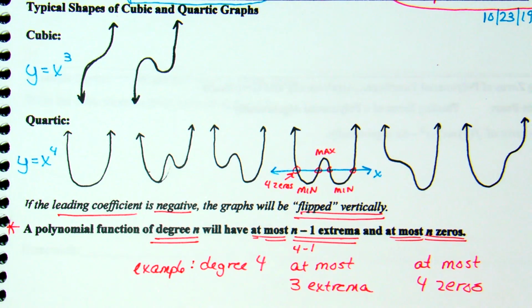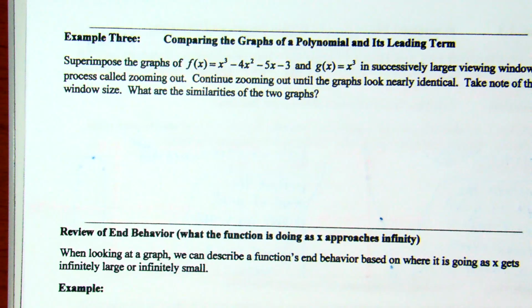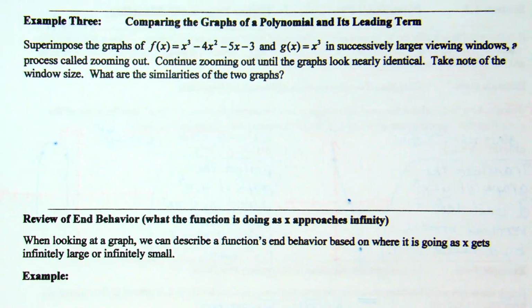Okay, grab your calculators for this next part. Now, as you look at this problem, it asks us to superimpose the graphs of f of x equals x cubed minus 4x squared minus 5x minus 3 and g of x equals x cubed in successively larger viewing windows, a process called zooming out.